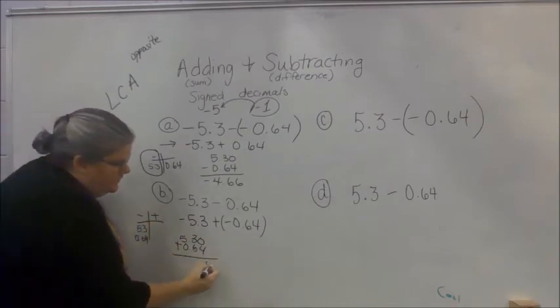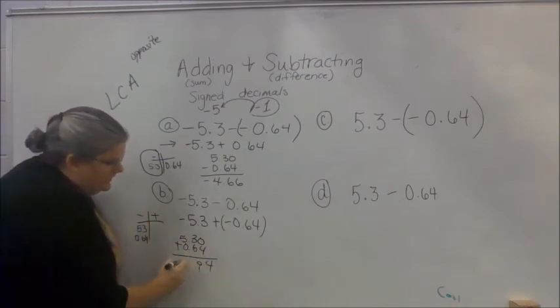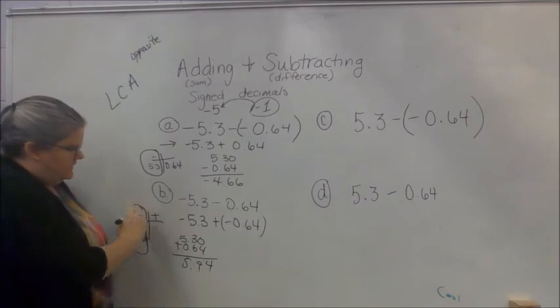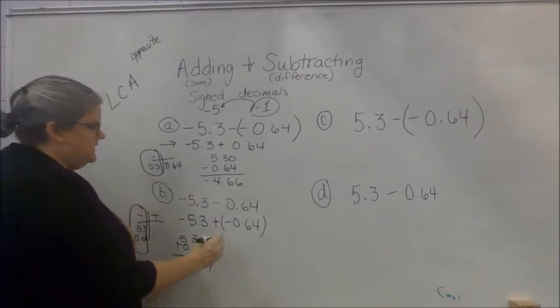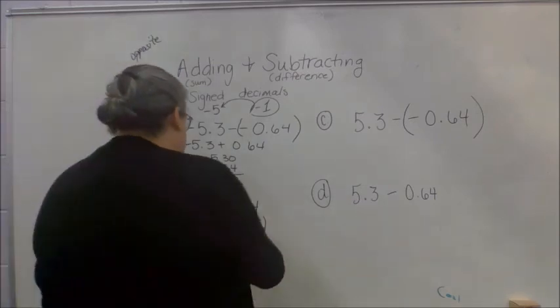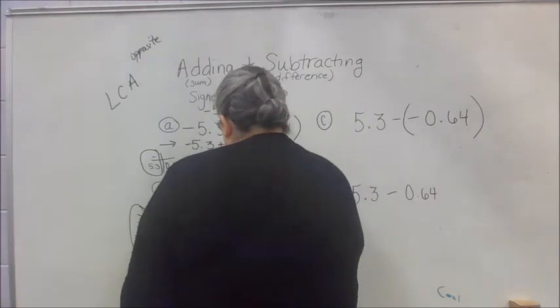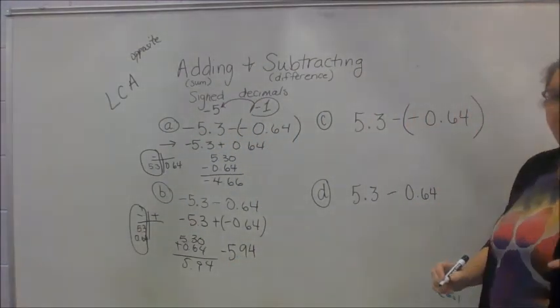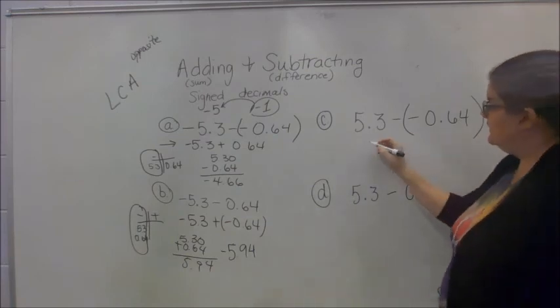So that's a 4, that's a 9, and that's a 5. Bring the decimal straight down. And since they're both in this negative column, this difference is -5 94/100.